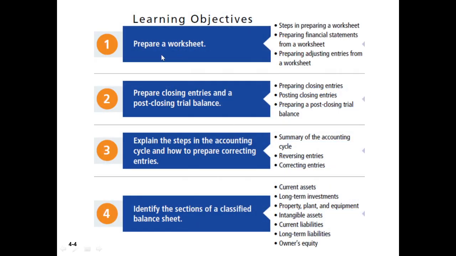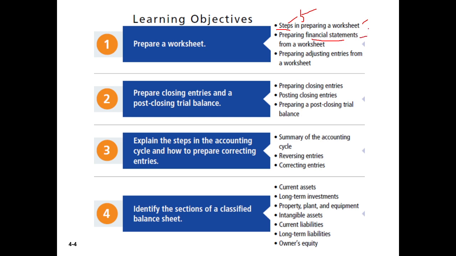Okay, so, prepare a worksheet. Just today we will discuss this section, prepare worksheet. In our worksheet, we have three subsections. Steps in preparing a worksheet; we have 5 steps in preparing a worksheet. Number two, preparing financial statements from a worksheet. From a worksheet, we will prepare financial statements.